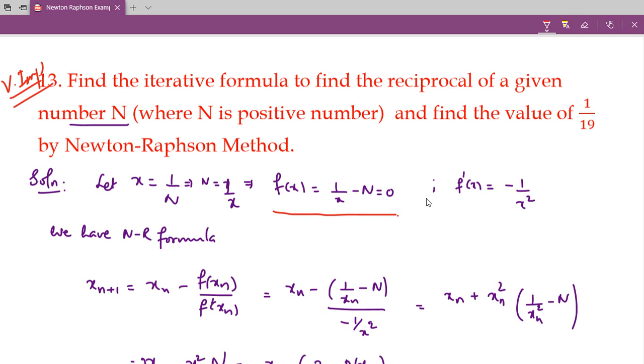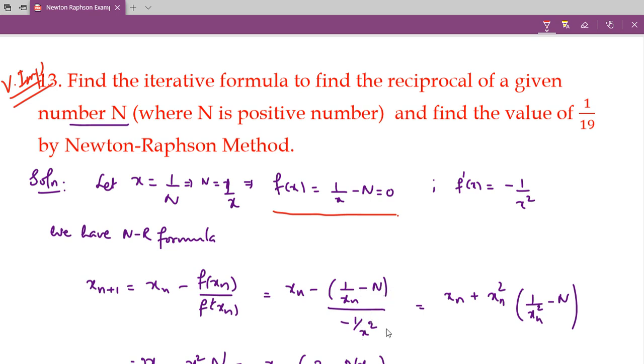When you have f of x, we get f dash of x is equal to minus 1 by x square. So we have the Newton-Raphson formula, xn plus 1 is equal to xn minus f of xn divided by f dash of xn. So substitute the value of f of xn and f dash of xn in this formula, then we get xn minus (1 by xn minus n) divided by (minus 1 by x square). When you take LCM here, this is 1 minus n xn divided by xn.